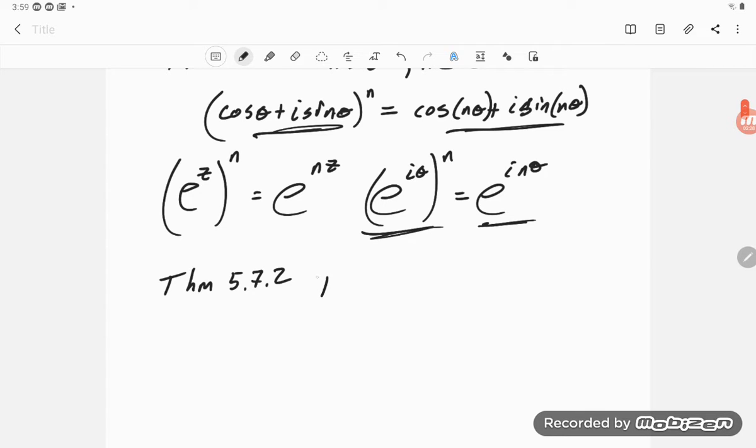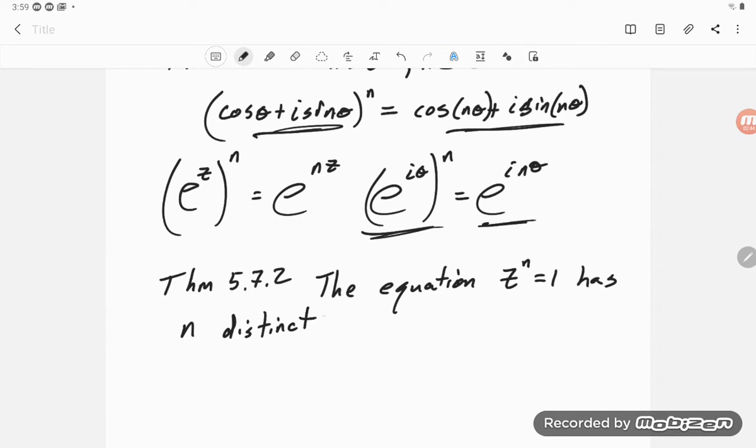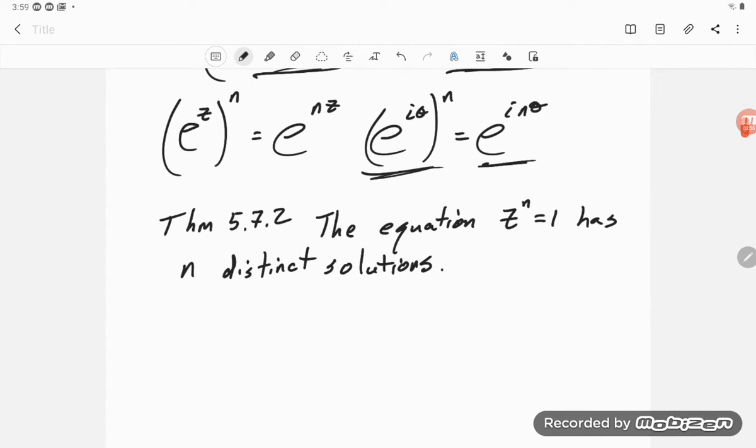And here they say the equation z to the n equals 1 has n distinct solutions. And those solutions are specifically, now they use I guess that's a C. I can't make them very well, but I'll try to do what they have there.